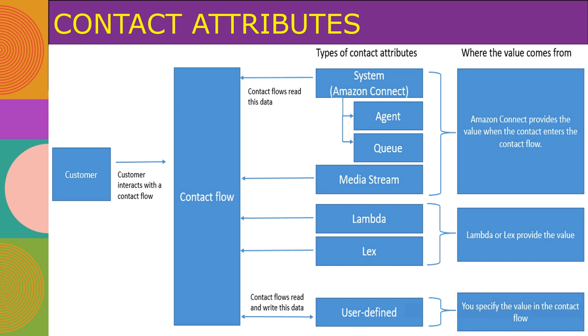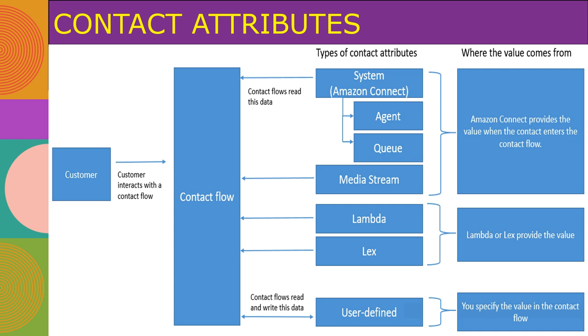And in the case of the Lex bot, you've got slots and intents, and there are just different things with the Lex bot. Same situation: your response is injecting variable state into the contact flow, so you could reference it.